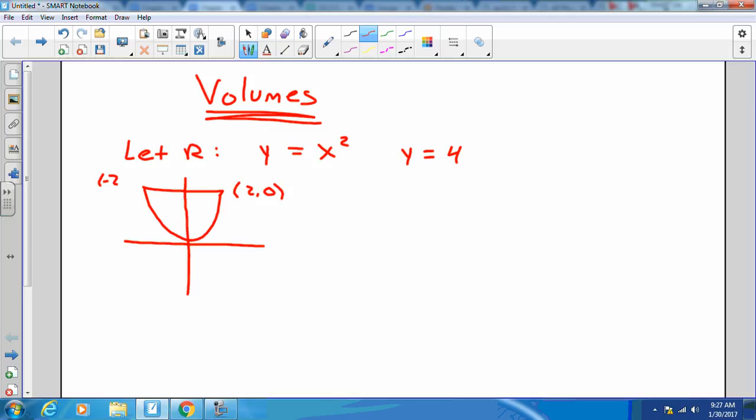Your sketch should look something like this. Like that.